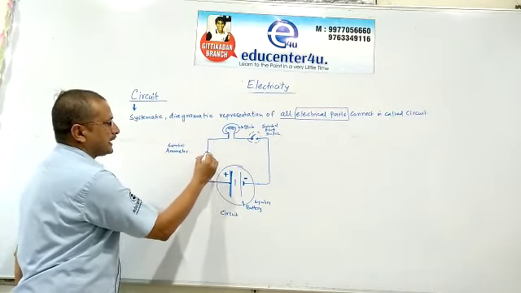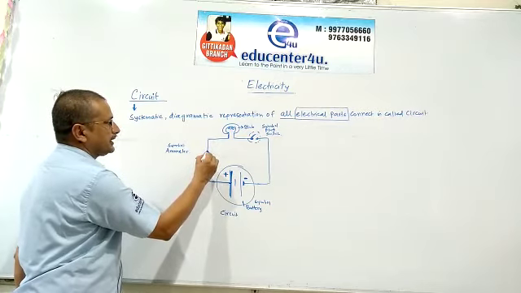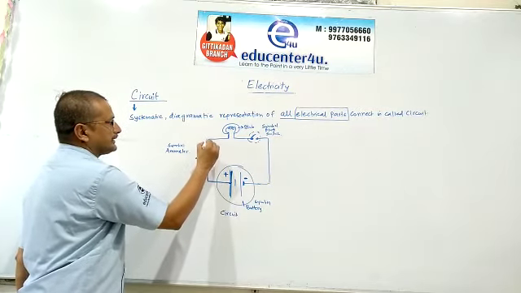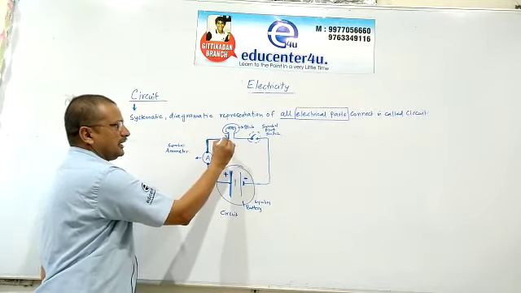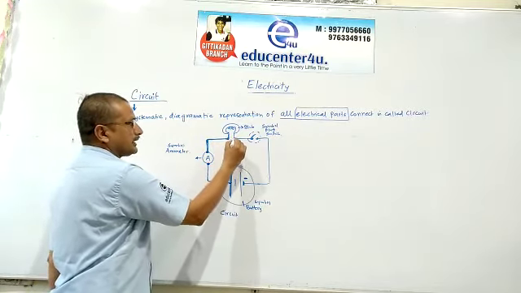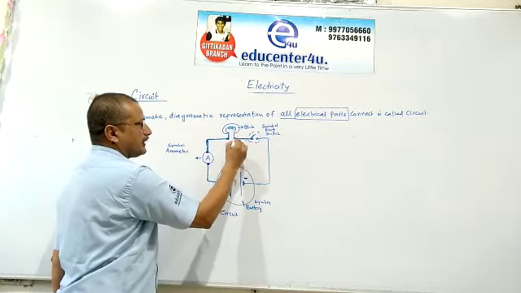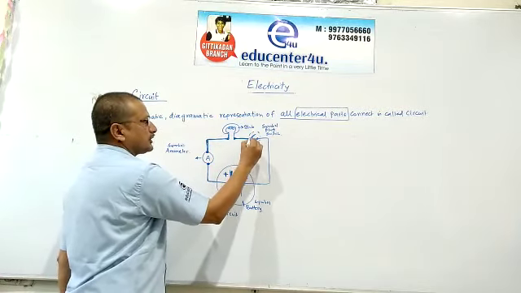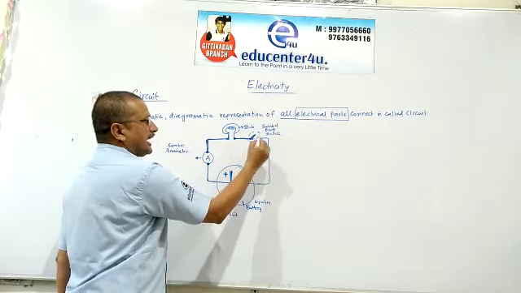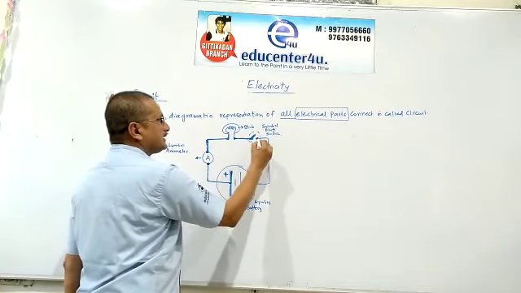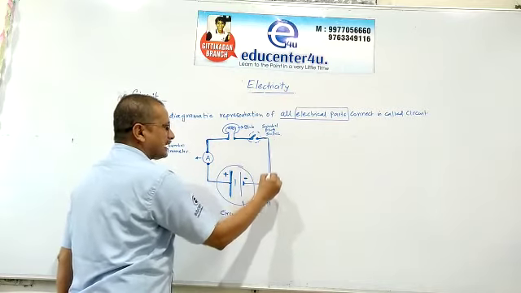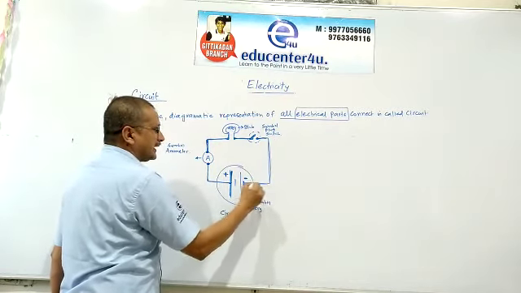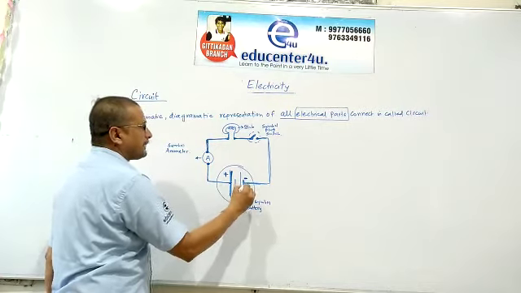From the another terminal of the ammeter, you will take out one wire, and that will be connected with one of the terminals of the bulb. And from the another terminal of the bulb, you will connect a wire with one of the terminals of the switch. And from the another terminal of the switch, you will take out one wire, and that wire will be connected with the negative terminal of the battery.